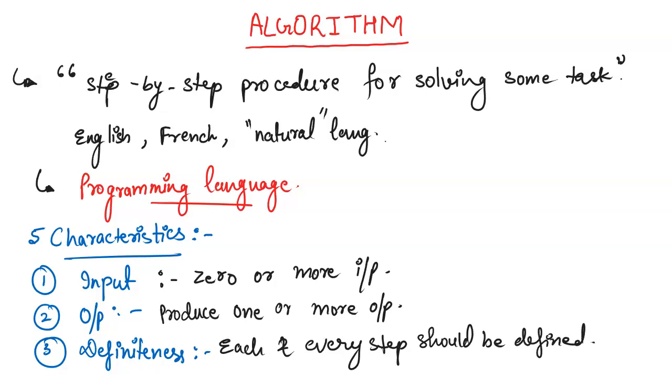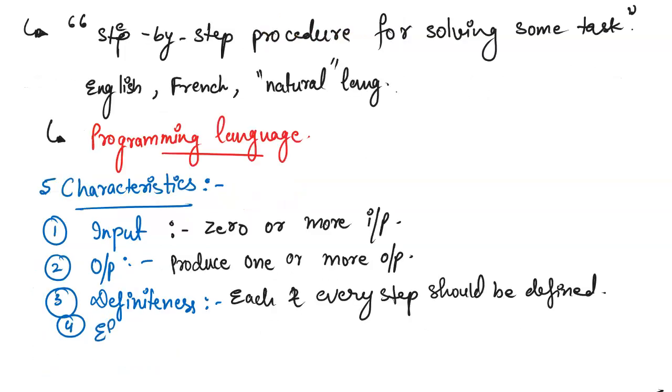Okay. Now the fourth characteristic is effectiveness. So effectiveness means that a human should be able to calculate the values involved in the procedure of the algorithm using paper and pencil.